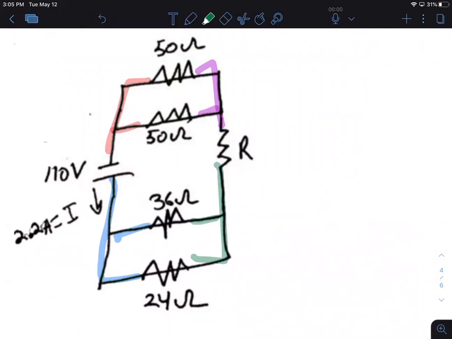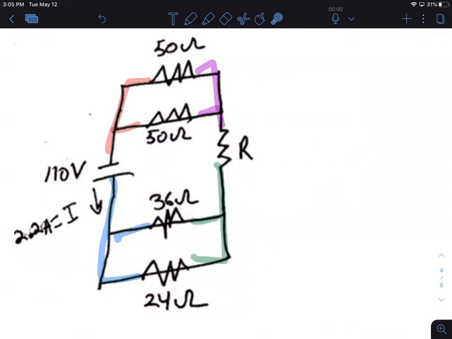Now I'm looking for this unknown resistor, and that's all I care about. So it's a good idea, I just care about this. I don't care about what's happening with these, so I'm going to make my life easier. I'm just going to stick these two resistors together right away to make the circuit more simple, to help me find this R.